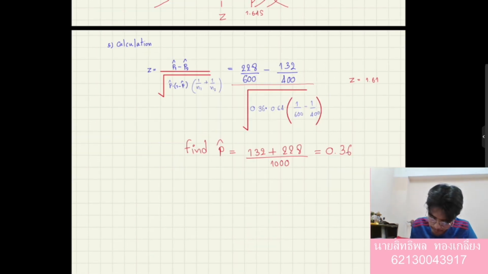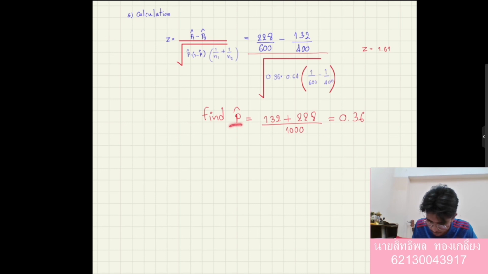Step 5. Calculation. Z equals sample population 1 minus sample population 2, divided by the square root of p-hat times 1 minus p-hat times 1 divided by n1 plus 1 divided by n2. p-hat equals 132 plus 228 divided by 1000, equal to 0.36.